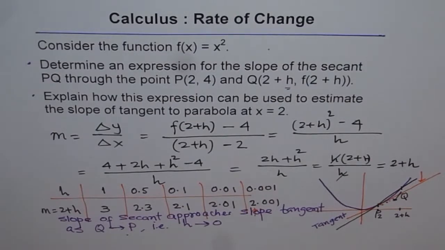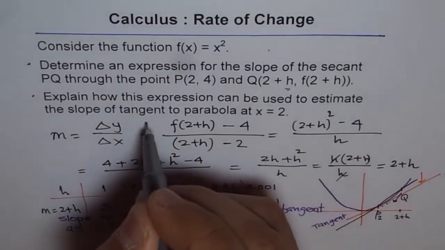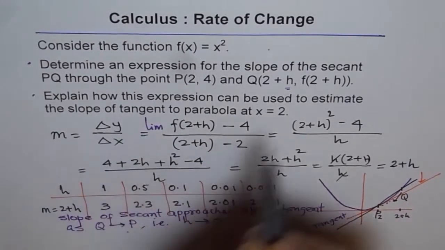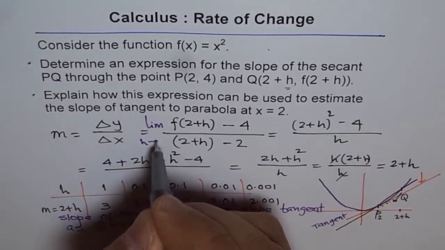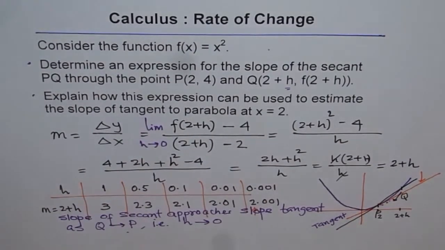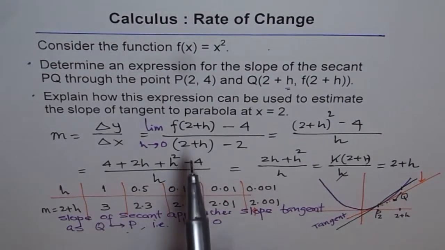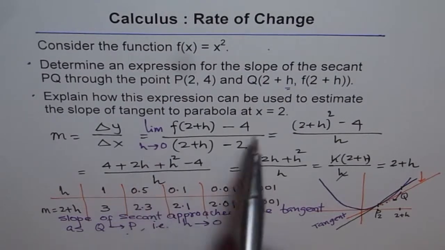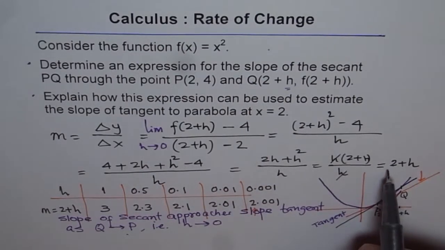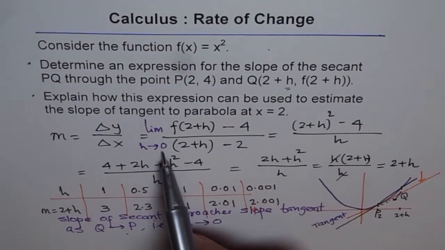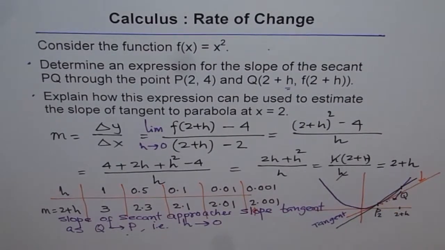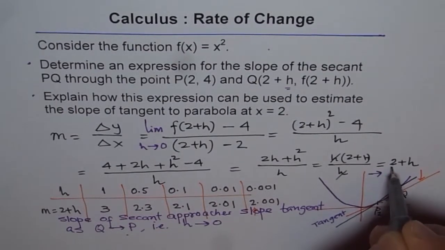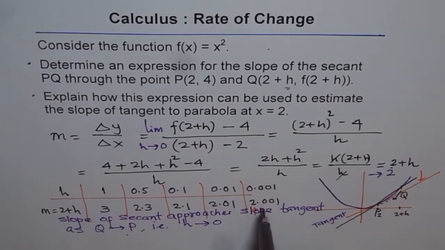So if I do a slight modification to all what we have done so far, that is, if I say limit h approaches 0, then what happens? Then this slope of the secant approaches the slope of the tangent, right? If I add this everywhere, and at the end, if I say limit h approaches 0, so when h approaches 0, the slope will approach 2. Do you see that? That's what we see here.